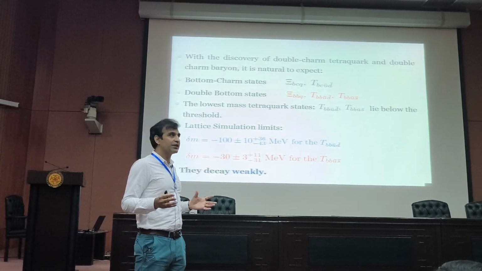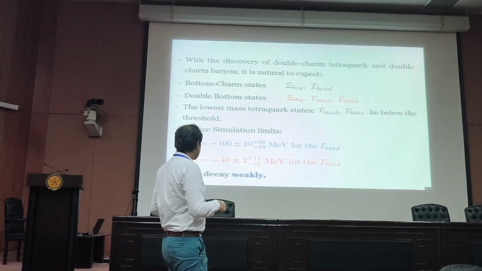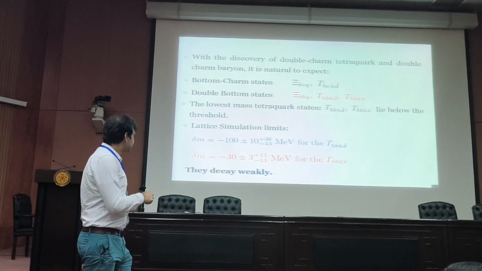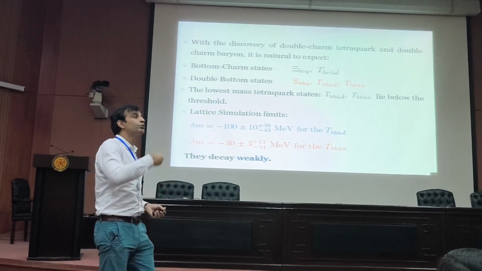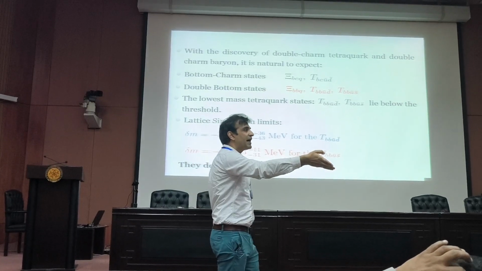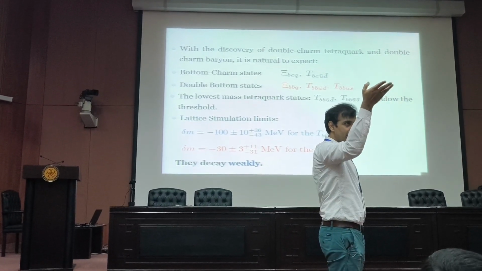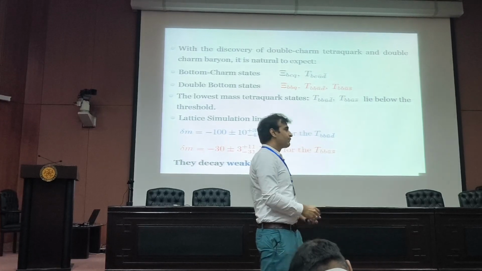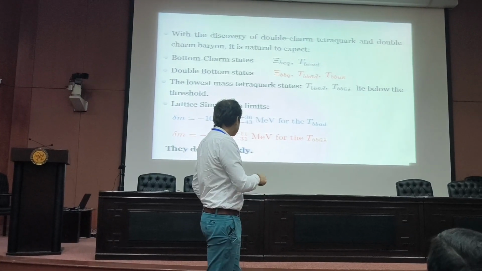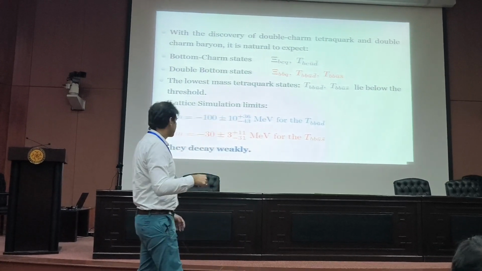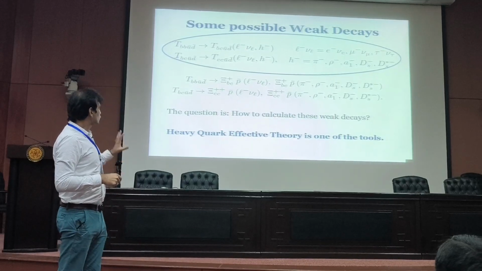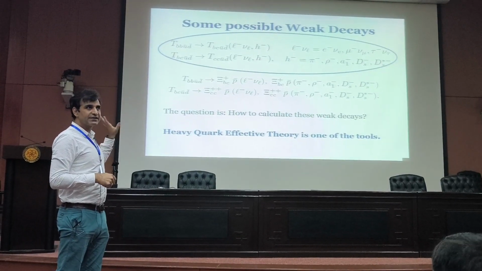Therefore, one has to study the weak decays. That's why I've written that. You see the change in mass is -100. It means you have to put in 100 MeV of mass to let them decay strongly. It means they lie 100 MeV below that, and the other is 30 MeV below that. These are from the lattice calculation. Two lattice papers are there. So what we have done is we have considered these decays.